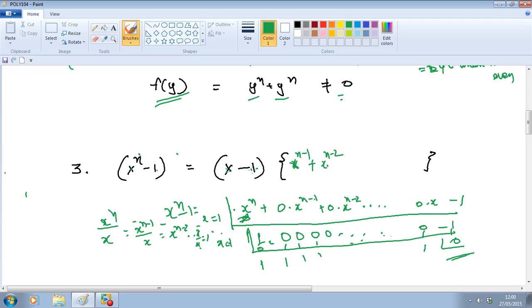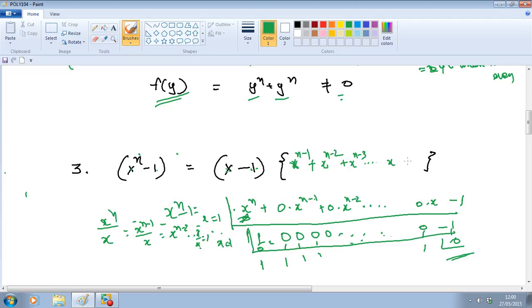Again you get one extra term, minus x to the power n minus 2. So this way it goes on, x to the power n minus 3, like this till it becomes x.